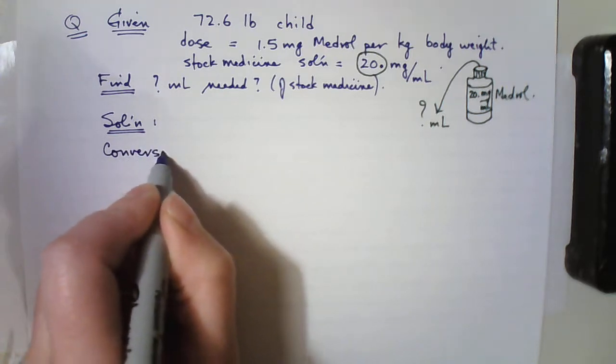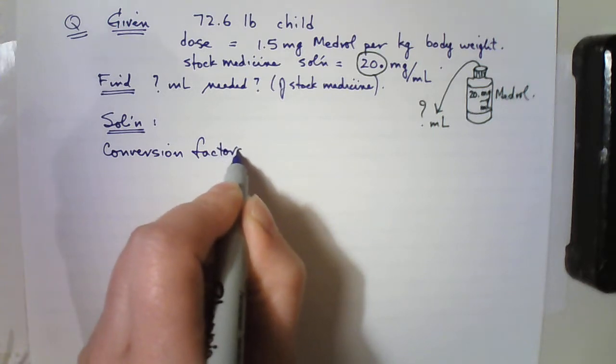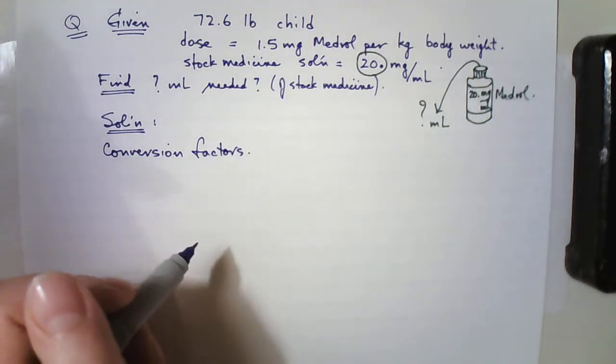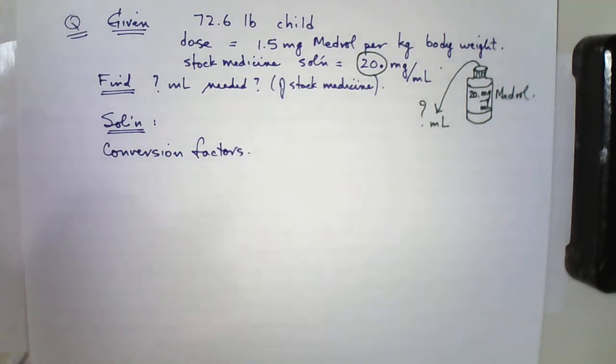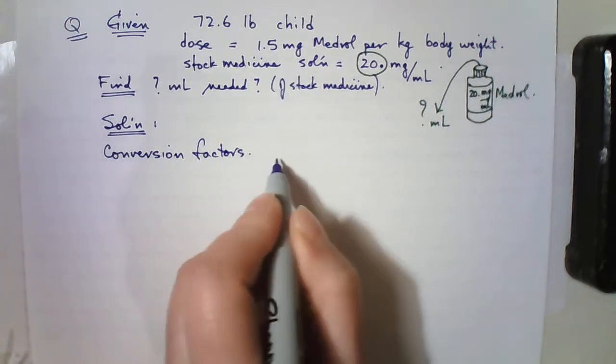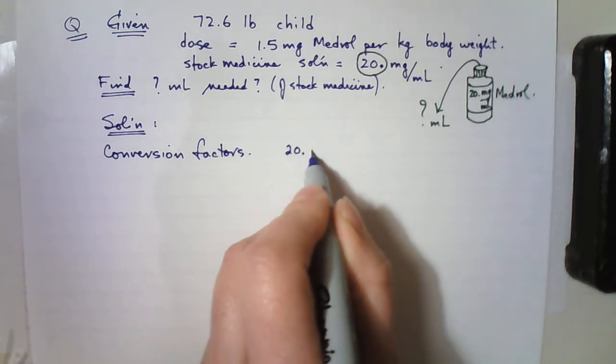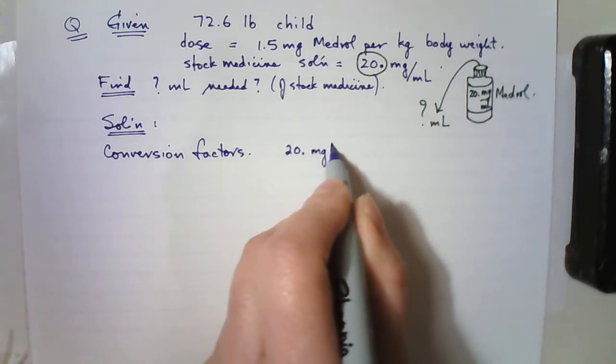What are my conversion factors? You don't have to write these out each time. Remember, this is a tutorial, and so I'm just trying to reach everybody in all your possible questions. So some people might be wondering what the conversion factors are here. The one that is given in this question is 20 milligrams.